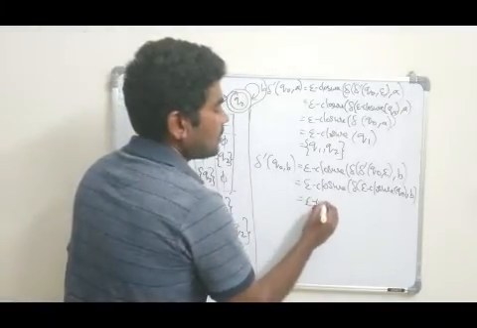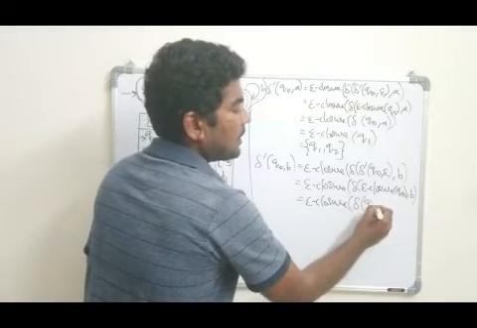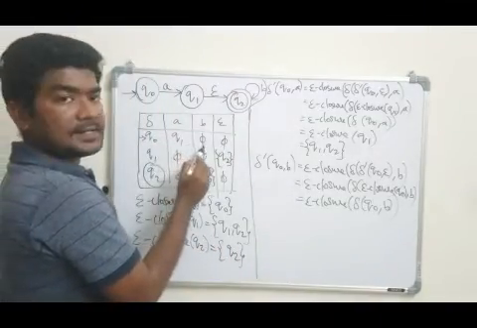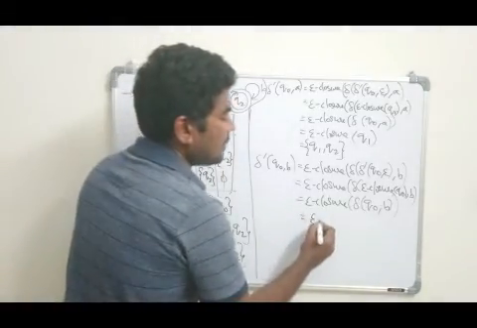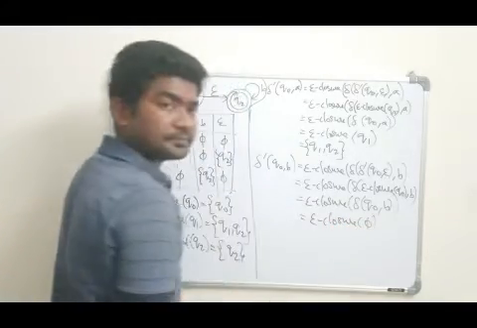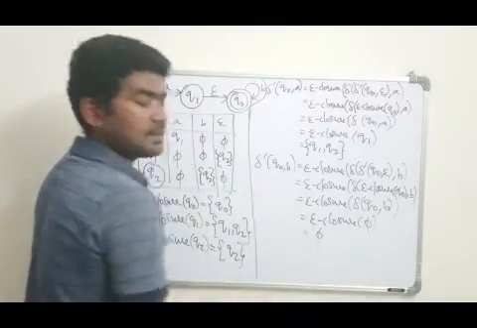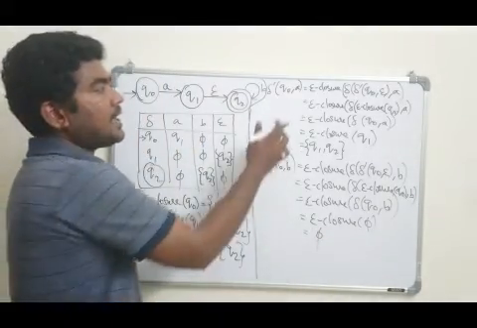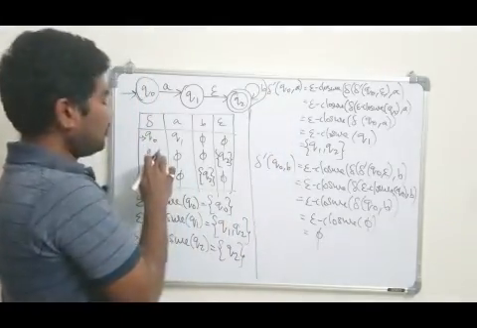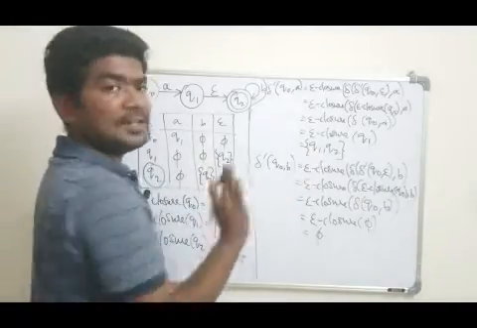So now delta of q0 comma B, we have a null statement. So epsilon closure of null, again you are going to get null itself. Same like this you need to do it for other states also, like q1, q2, everything separately, and you need to find the new states.